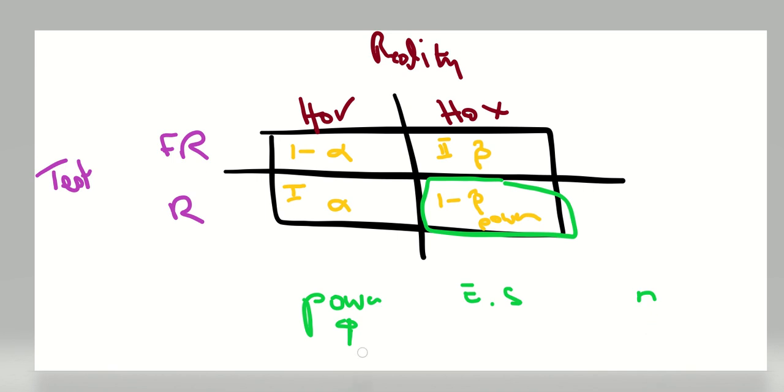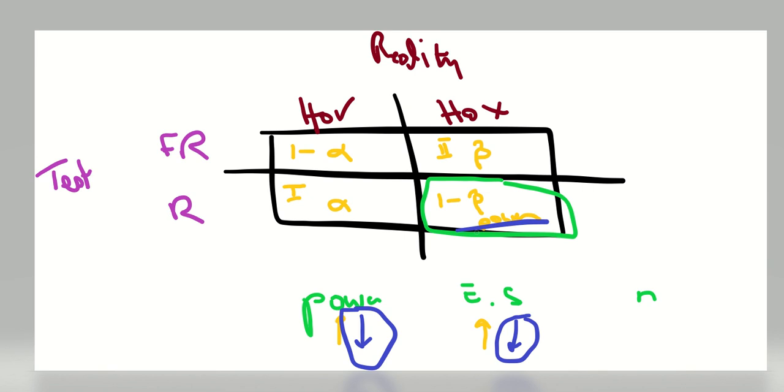The other thing we said about power and effect size was that as effect size increases, power increases as well. And therefore, if your effect size decreases, power decreases. So in that example we did something so that the effect size decreases, meaning your power decreases.